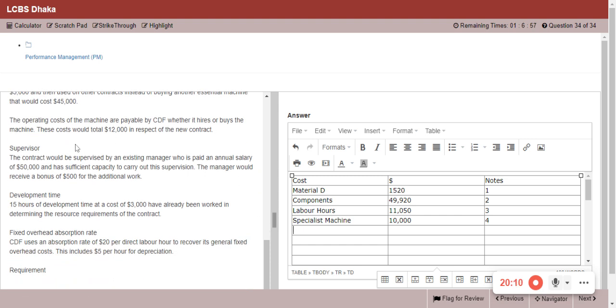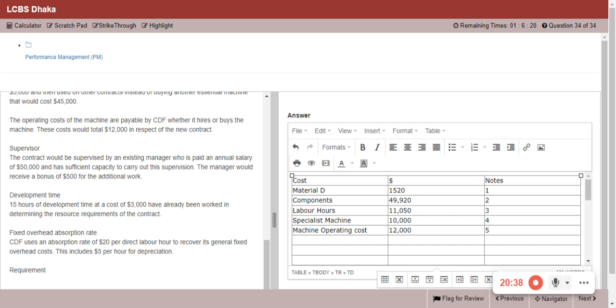So now, machine operating cost. This is payable by CDF whether it hires or buys. So whether it hires or buys, they will have to pay this, and it would cost $12,000 in respect of the new contract. So this is my future cost. This is an incremental cost.